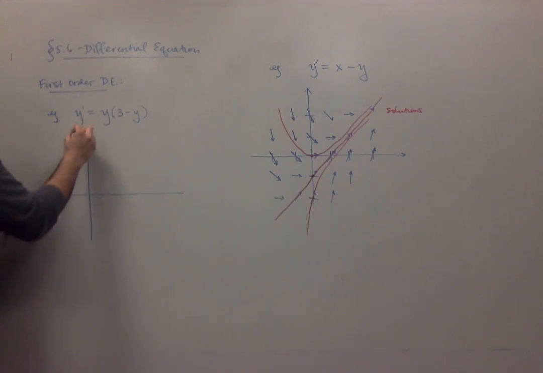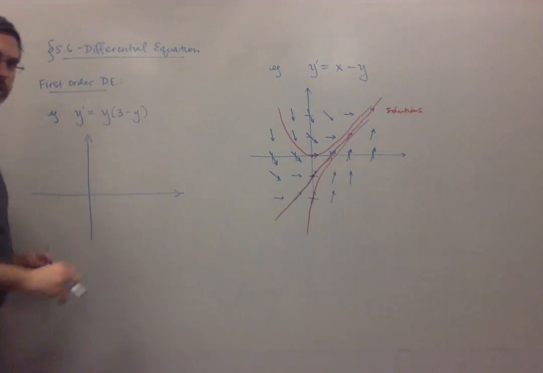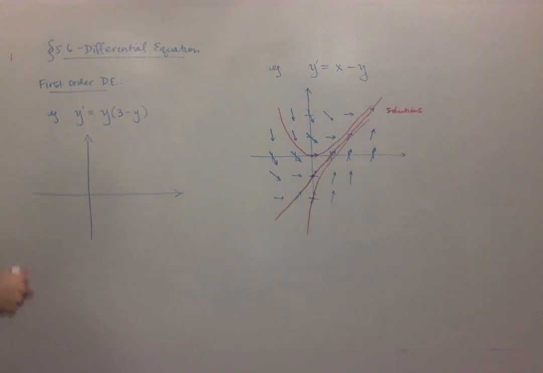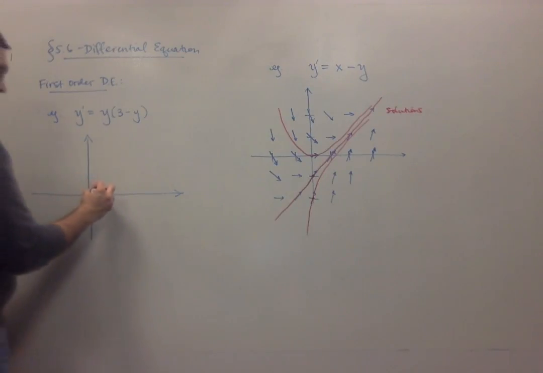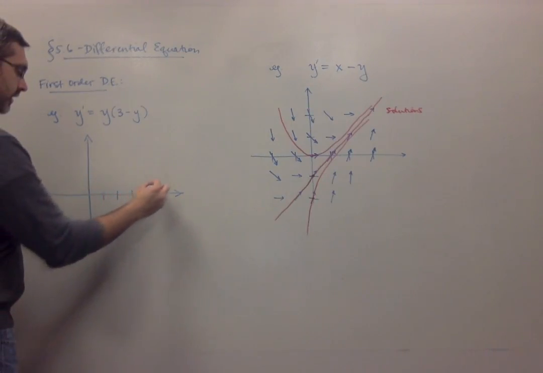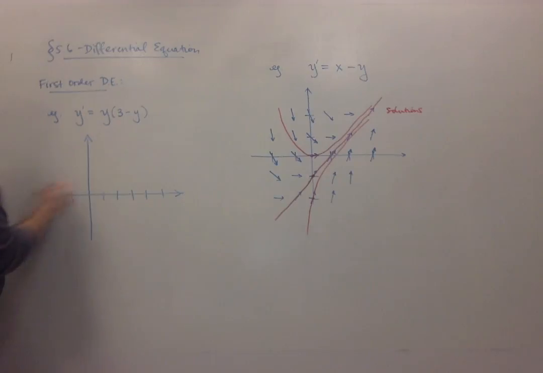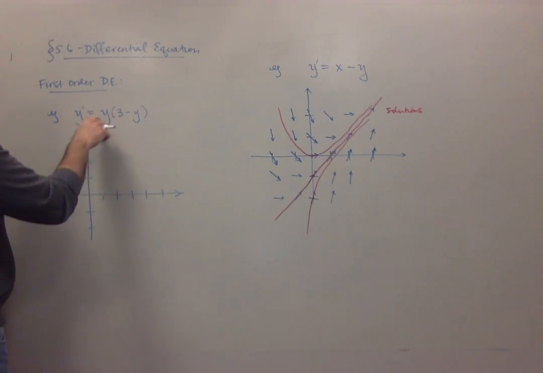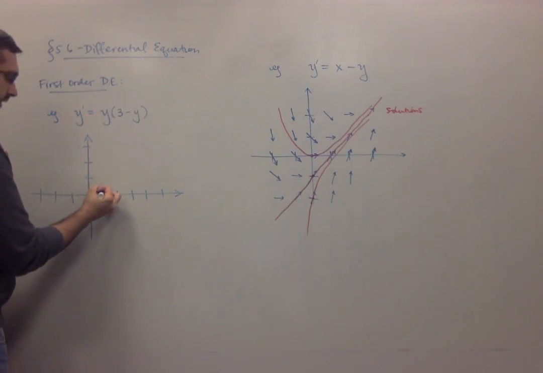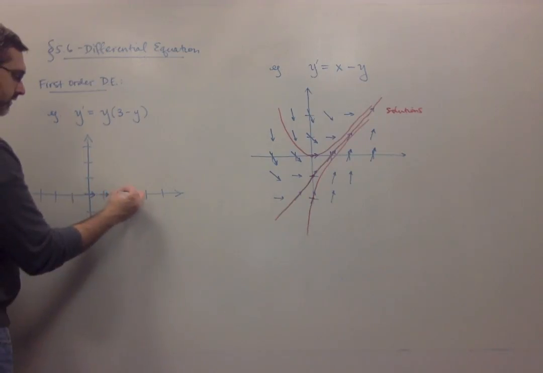Okay. So one thing that you'll notice here is that any place where my y coordinate is 0, the slope there is going to be 0. So every place on the x-axis, the slope is actually 0 here.